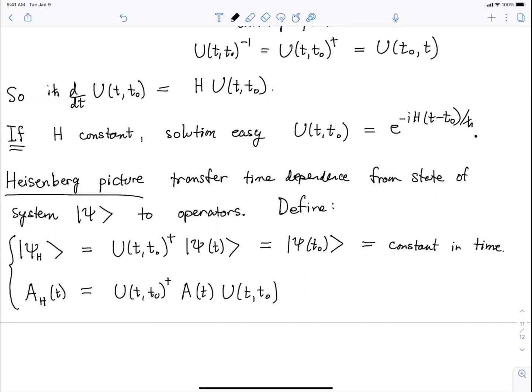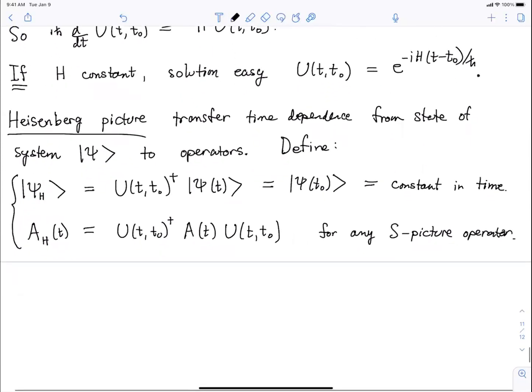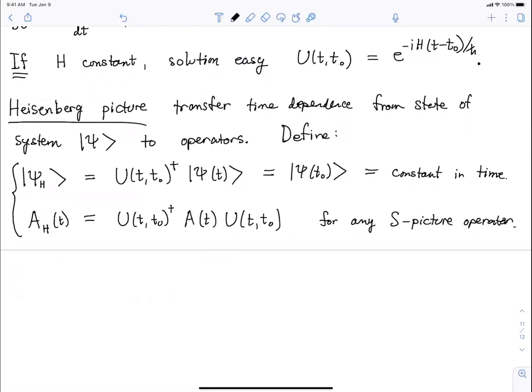This is just a definition. Okay, and so this is true for any Schrodinger picture operator. Okay, so as a matter of notation, what I've done here and what I will continue to do is if you see an H subscript, then it's the Heisenberg picture.